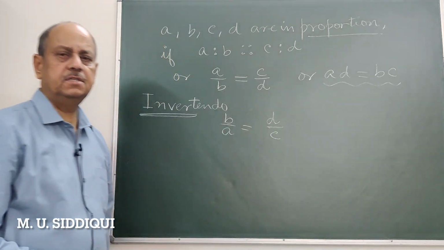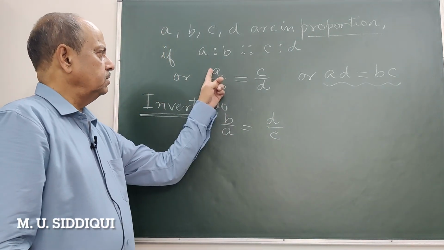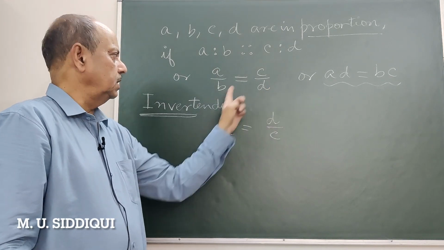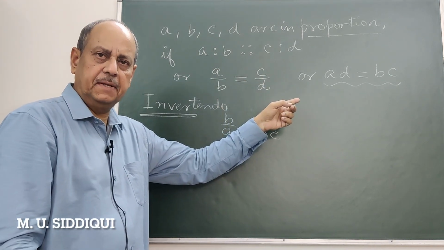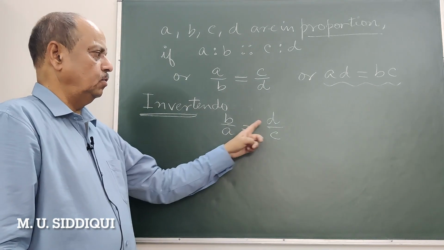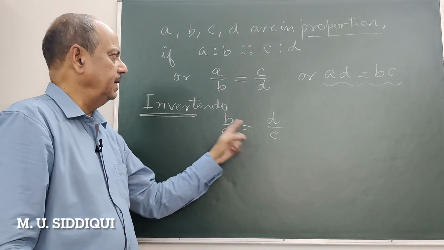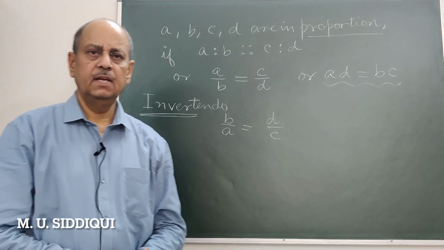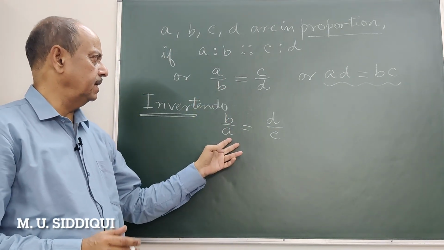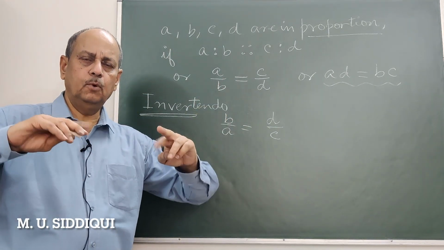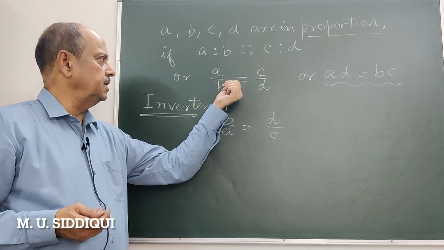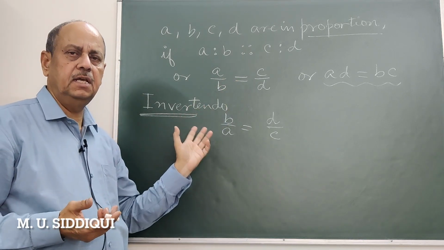This statement is equally true, because here it was A into D equal to B into C, the cross multiplication. Here also you will say A into D will be equal to B into C, exactly the same thing. We can invert both the sides of the statement of equality, and you call this operation invertendo.